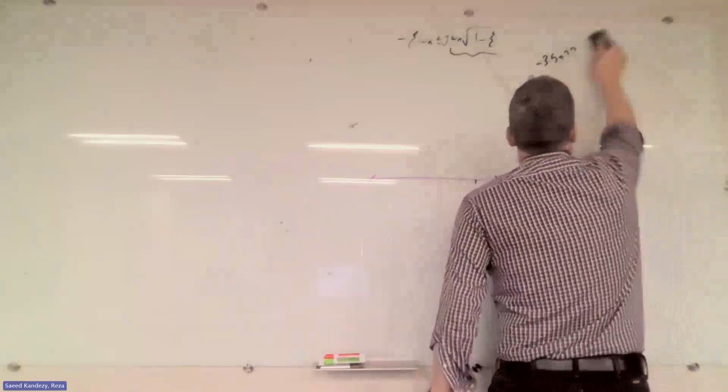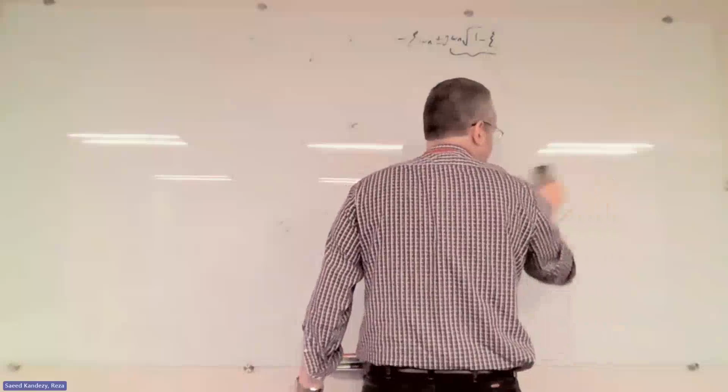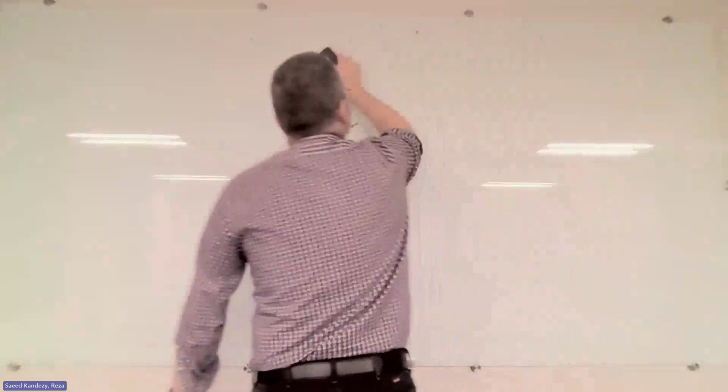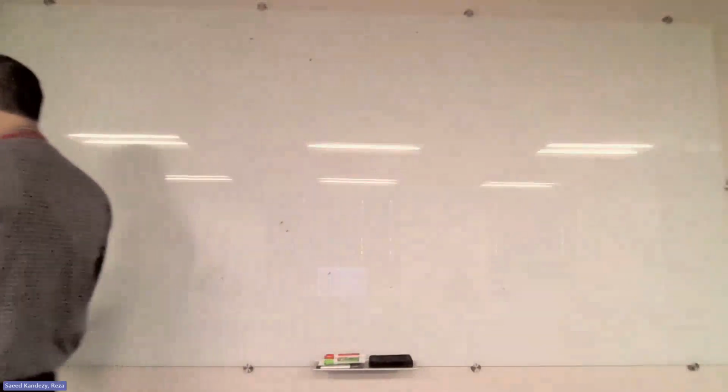In the next example, we are going to have a specific function for our open loop transfer function. And we are going to try to sketch again the root loci.